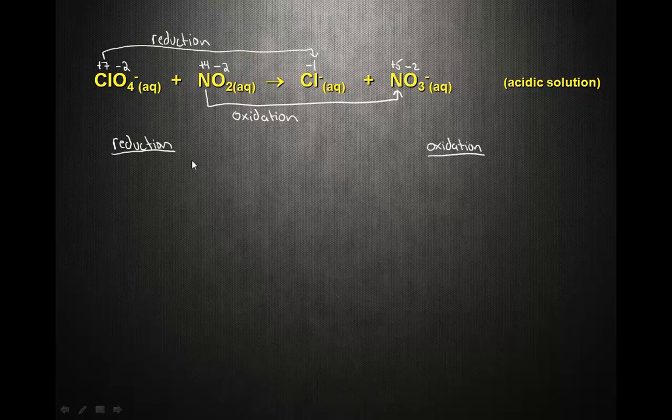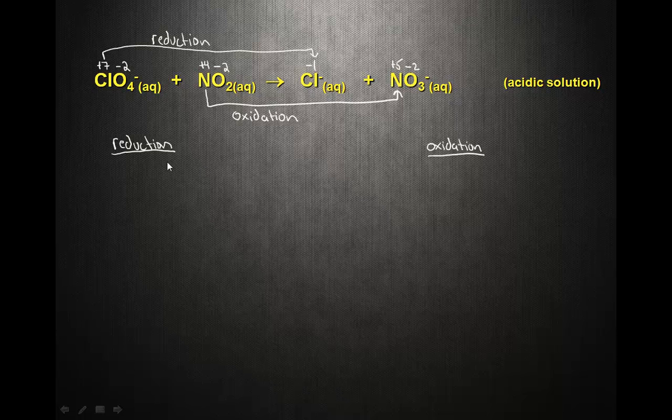Now, there's a reason why I suggested that we put reduction on the left-hand side and oxidation on the right-hand side, because there are going to be checks and balances put in place to see if we're doing this correctly as we go along. And you'll see what I mean as we work through this question.